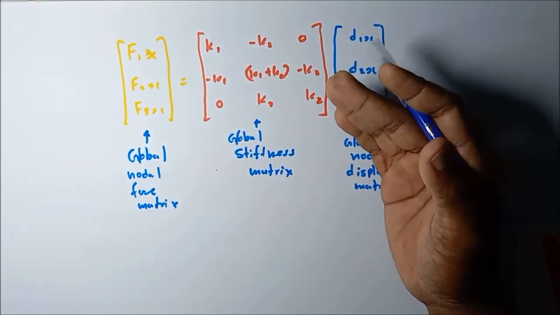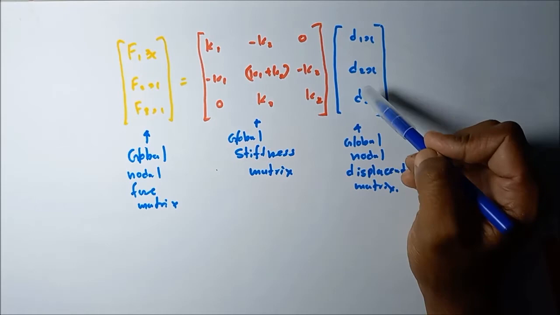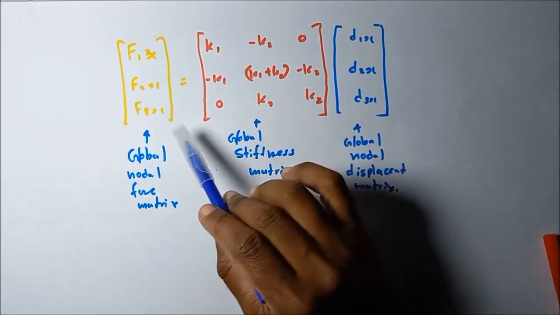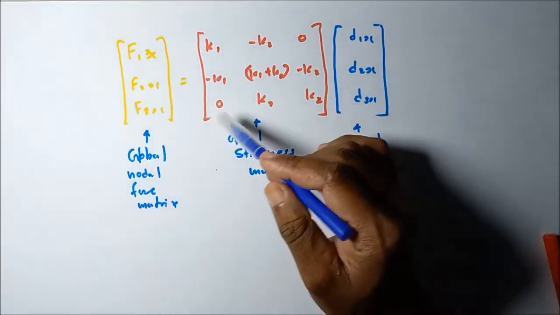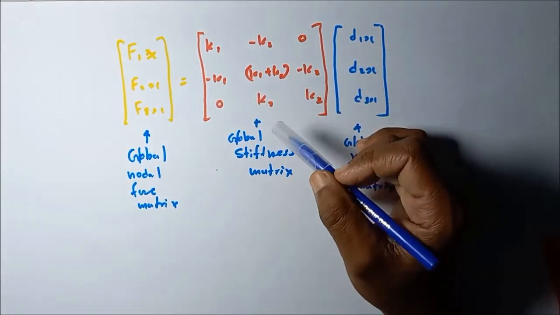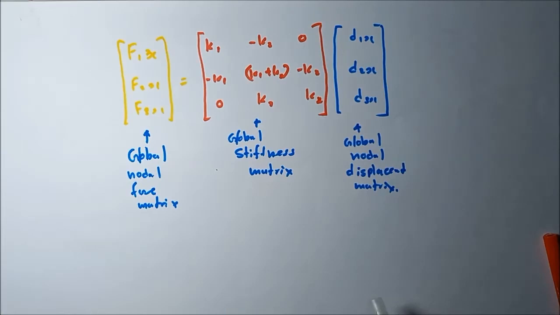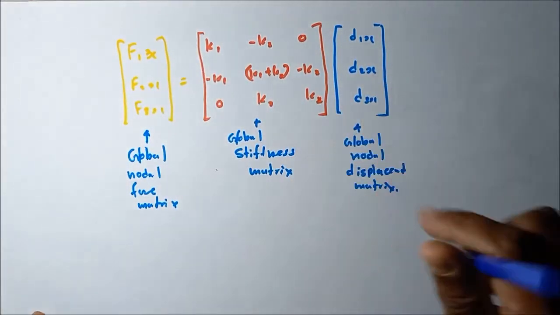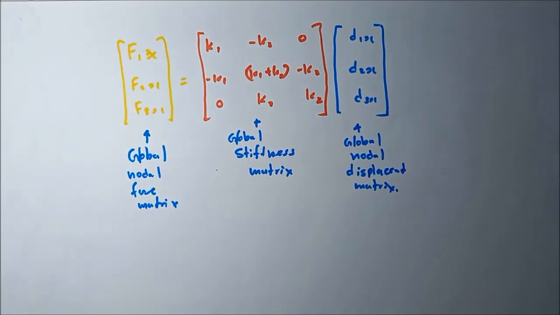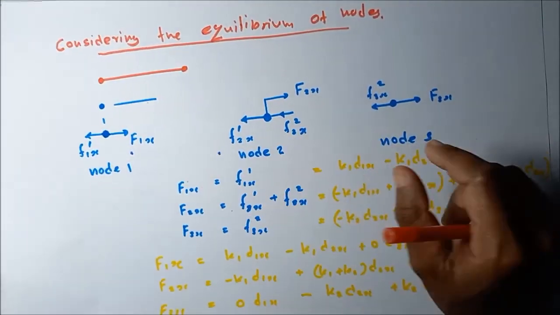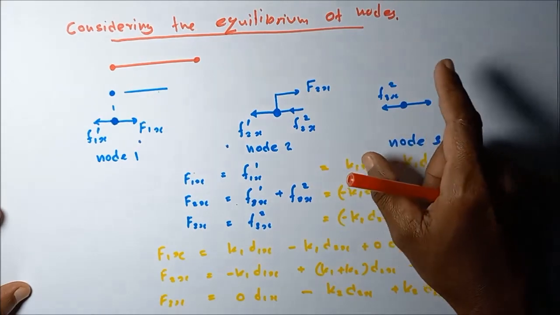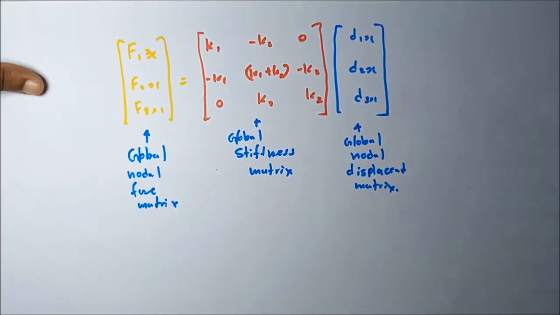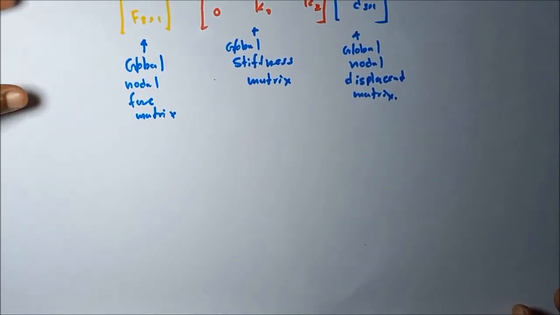Then the next step is to substitute the boundary conditions, the known values of the displacements and known values of the forces, so we can solve for the unknowns. To obtain this global equation, there's another easy method besides considering the equilibrium of the nodes, called the direct stiffness method.